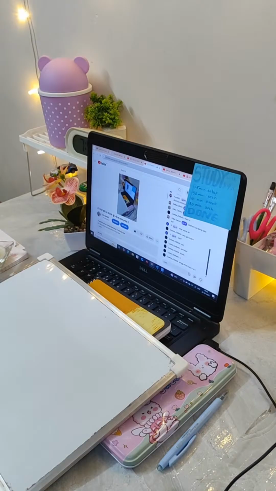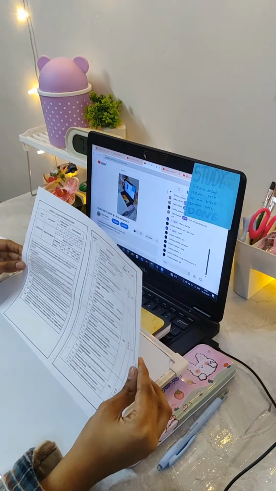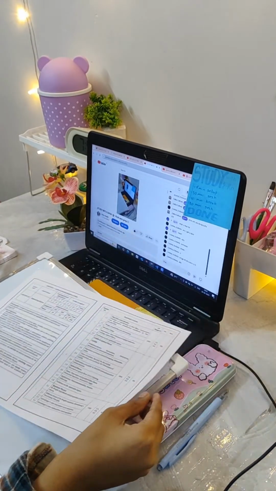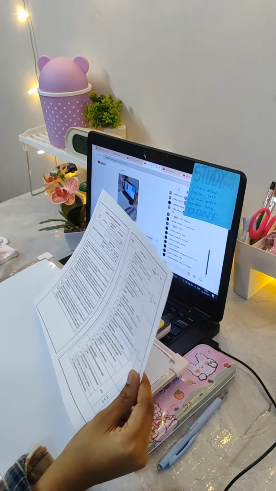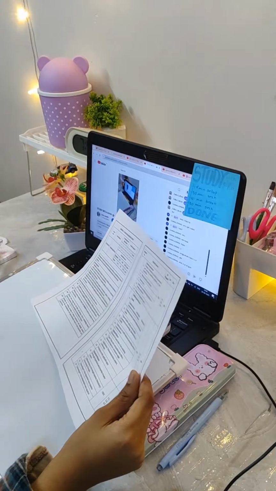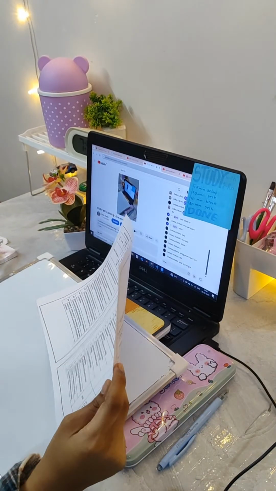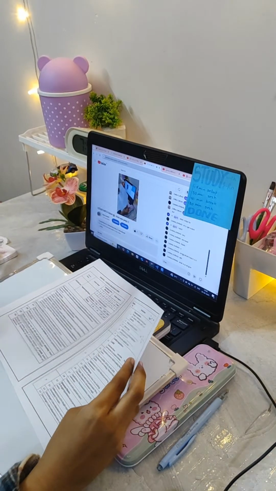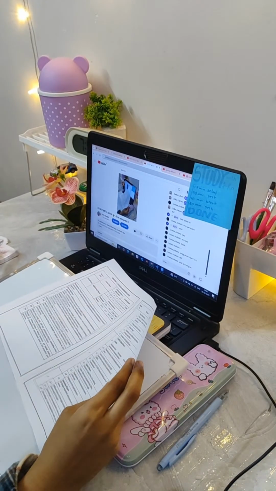So I have this, which is something you don't get in school or in 11th, 12th grade. But this is basically the whole semester's portion with modules, which are basically chapters and topics, everything. So accordingly, I'm going to be studying.